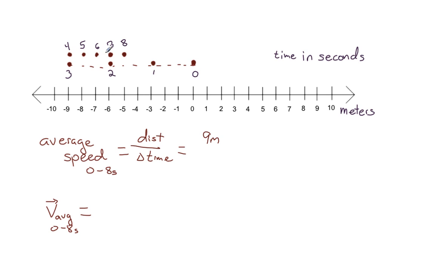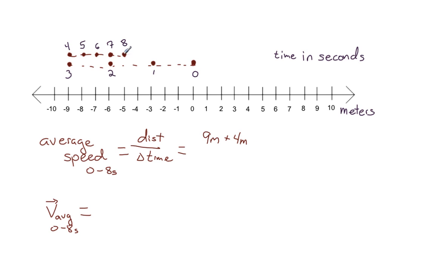Starting at 4 seconds to 8 seconds, the object traveled from -9 meters over to 5 meters. So it traveled this length. So that's 1, 2, 3, 4 more meters to the right, but again, there's no direction in distance. It's just the length that you traveled.